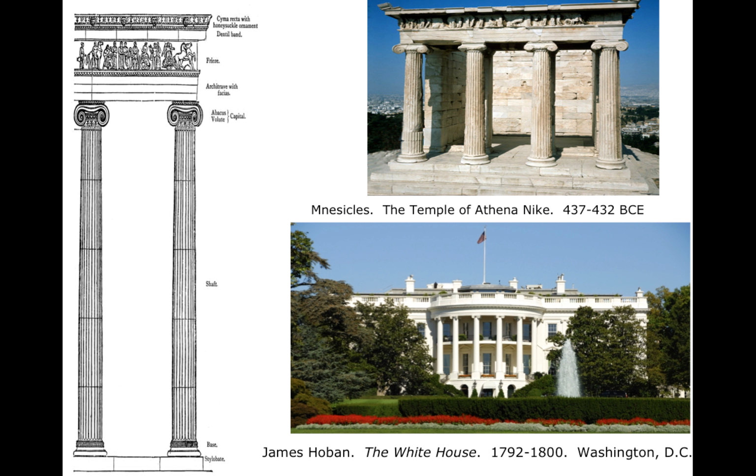We see the Acropolis here and the Temple of Athena Nike, another highly influential architectural example from the ancient world, using that structure of the post and lintel, and how it has been elaborated upon. And beneath this, you see the White House, also incorporating post and lintel architecture in its design and construction.